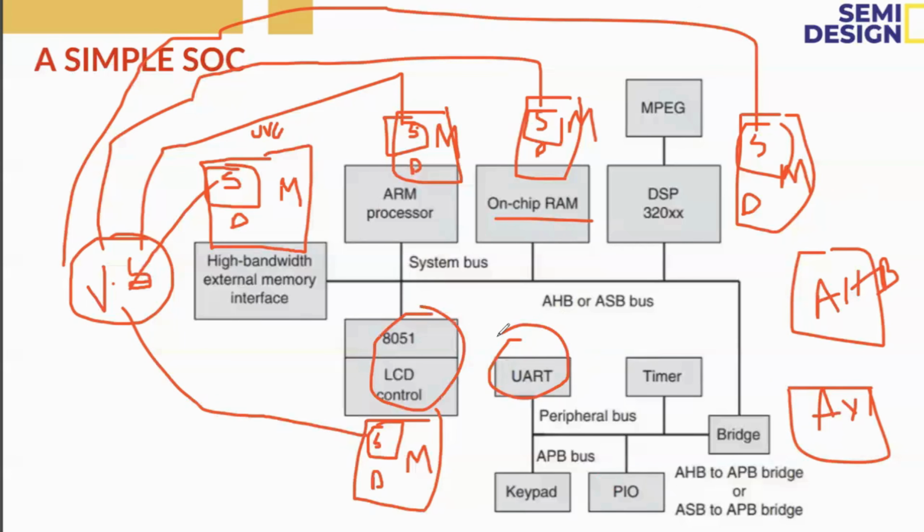Register configuration means everything, the data will be stored in the memory only. The read and write data, everything will be stored in the memory. So register configuration is important. Okay, after that, we need to check the status of the register, and we can drive the stimulus of LCD and the UART parallelly.